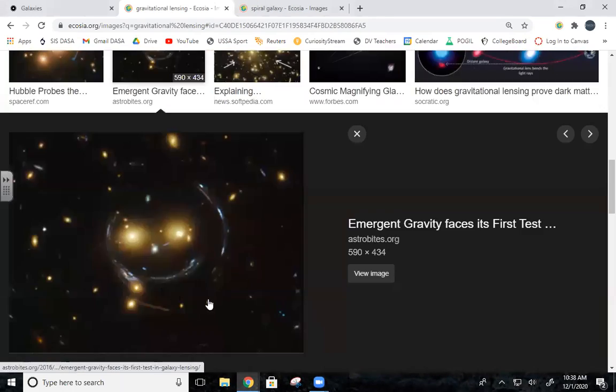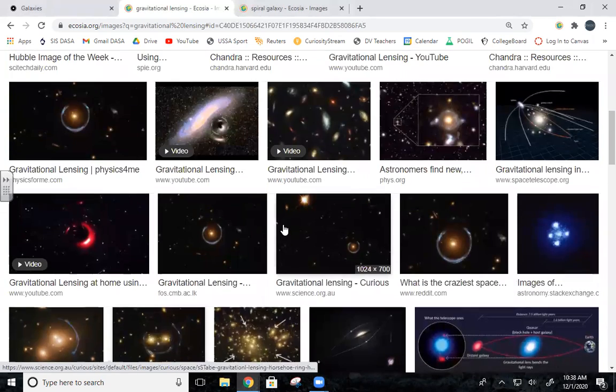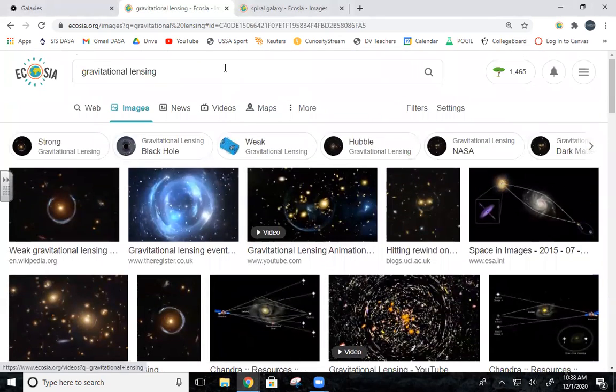This one's the best. Looks like a happy face. So we have two elliptical galaxies with a whole bunch of gravity that are bending the light from the galaxies behind them. Aliens.